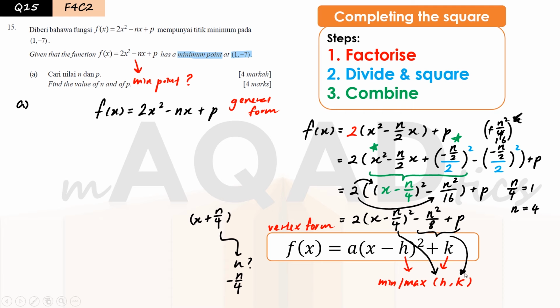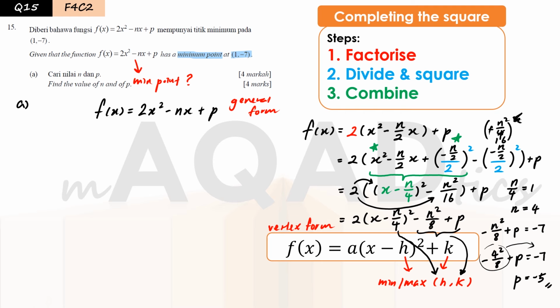Right, and for the k part here, which is negative n squared over 8 plus p, this one will equal with negative 7. So we know that n is equals to 4, and if I substitute inside here, it will be this result, and I'm going to move this part to the right side to find the value of p. So this value will become positive once we move to the other side, and we minus with 7. So the p value here is negative 5.